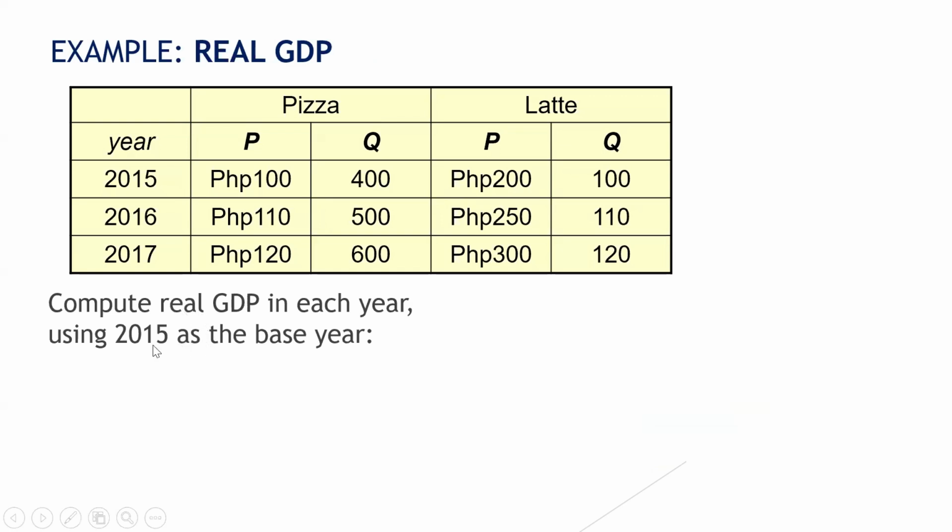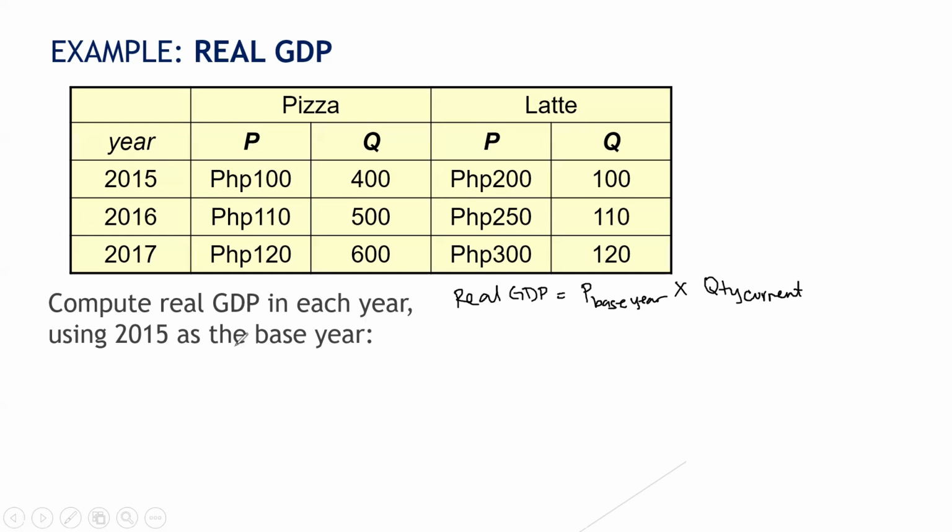So the basis for our prices for pizza and latte is in 2015. Take note that when you compute real GDP, you have to multiply the price of the base year to the quantity of the current year.